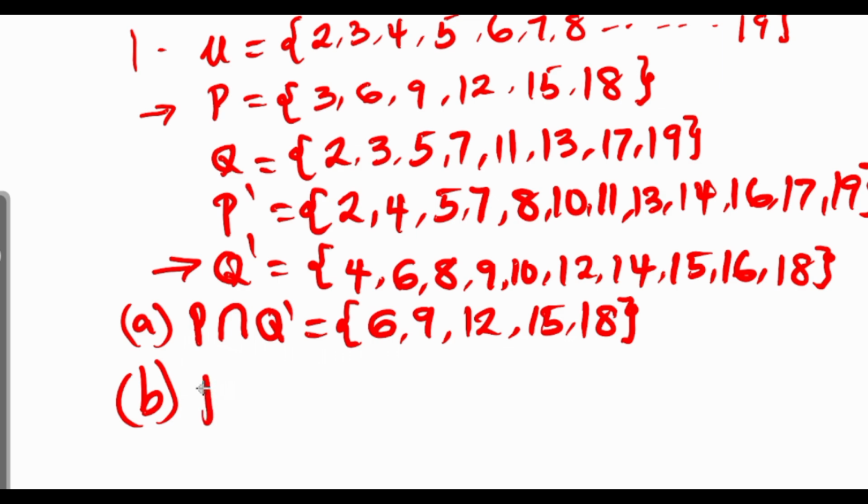Now, P prime union Q. Union means we are going to unite them. We are going to combine the elements in P prime and Q to form a set without repeating any of the elements. You must not repeat any of the elements.